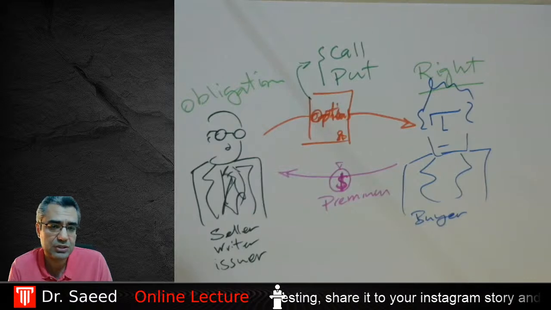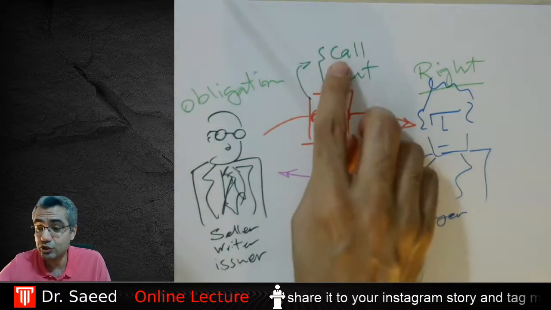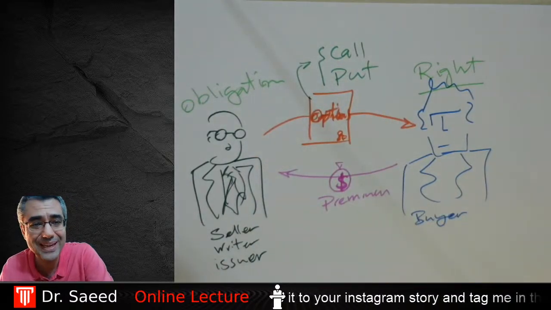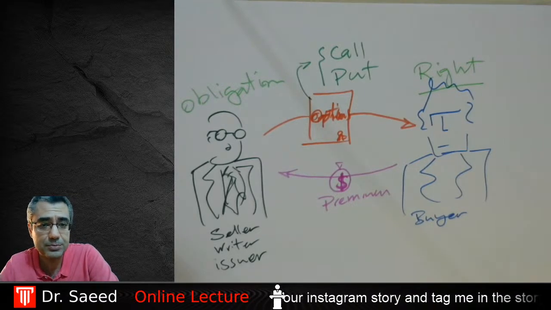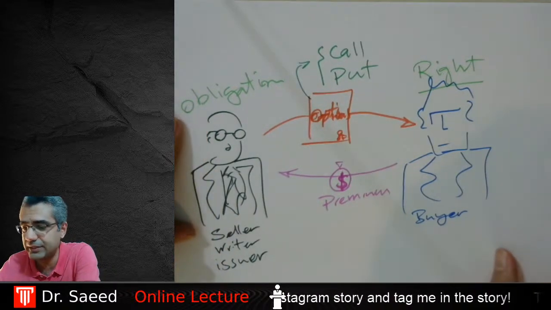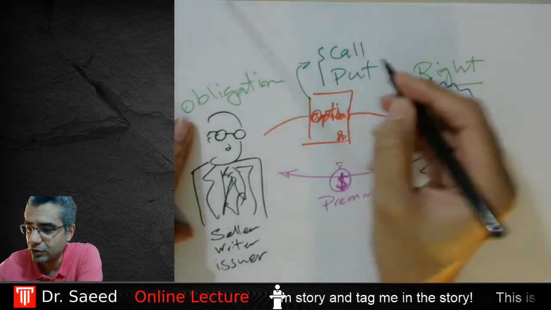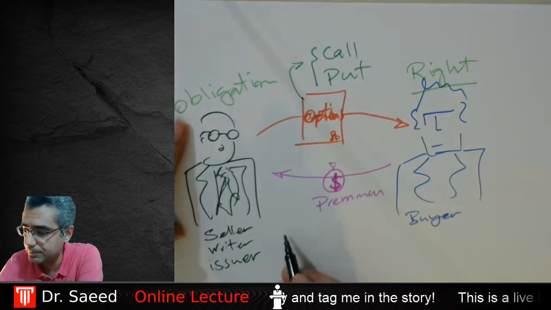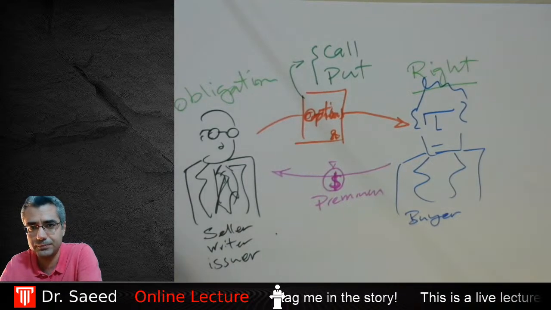So if it's a 3-month option and it's a call, then the buyer has the right to exercise the contract at a specified price during the next 3 months. What does it mean? This means, so the call means, call.